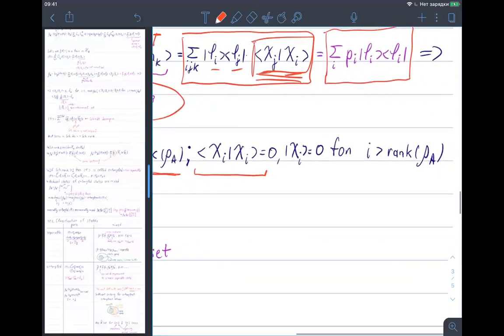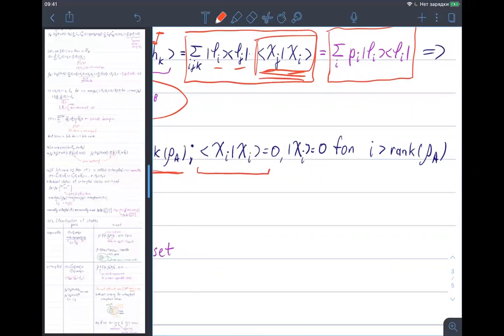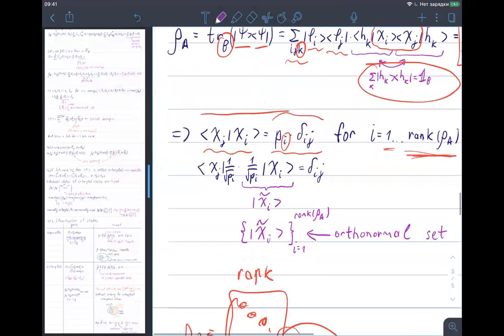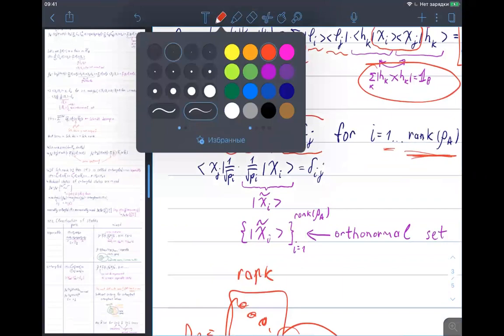From the rules of the scalar product, we know that if the scalar product of a vector with itself is equal to 0, the only case where it can happen is when the vector is equal to 0. So I understand that h_e_i, where i is larger than my rank, is just equal to 0.